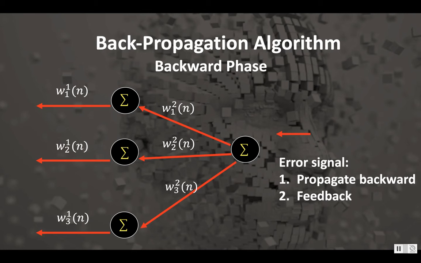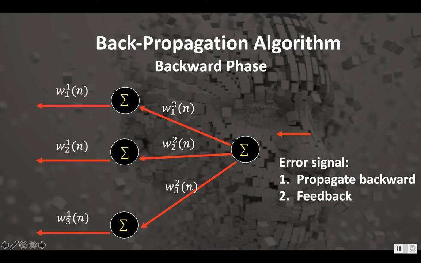The next phase is called the backward phase. The backward phase goes from the output back to the input, as we showed here. The signal goes through the backward phase. Let's see one more time: forward, and this is the backward phase. At the current stage, the weights are W11N, W12N, W13N, and here W21N, W22N, W23N.